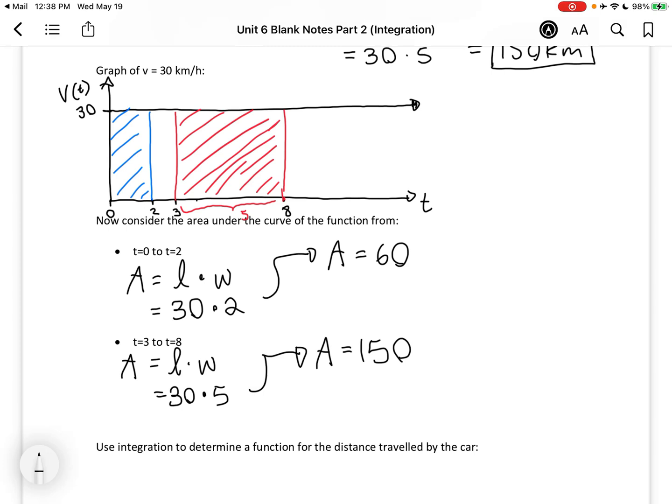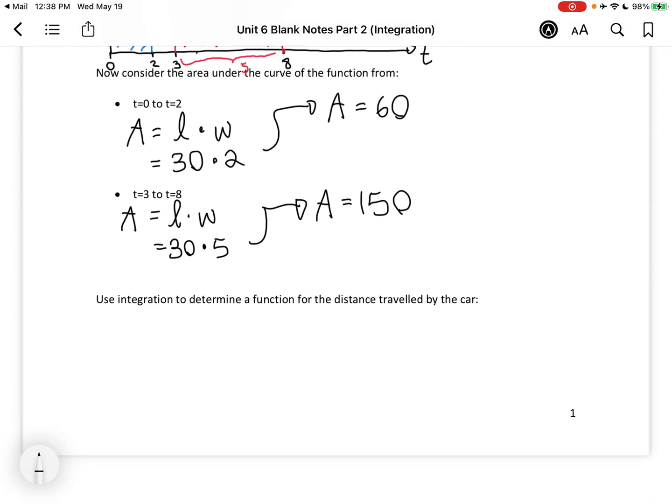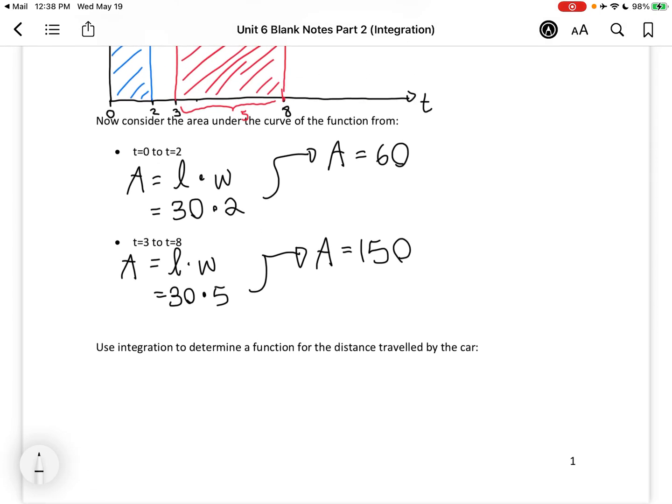Okay. So now we are going to determine a function for the distance traveled by the car using integration. And we kind of already know what that function is, because you guys have done a lot of math up to this point, and we know the relationship between velocity, time, and distance. But let's just formalize that.